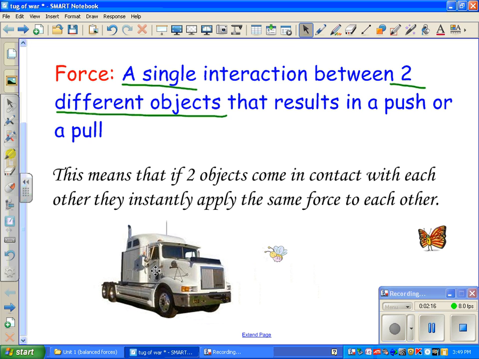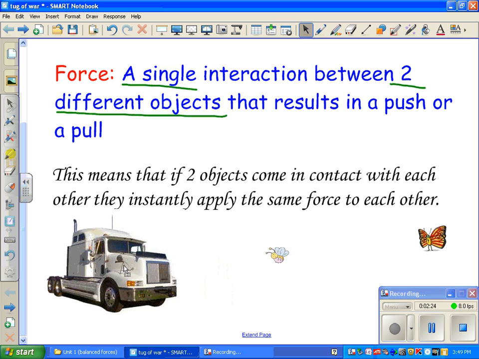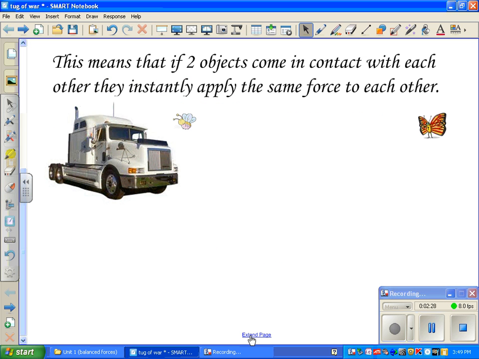What type of force do they experience when the bug goes smack onto there? Well, let's see. Two objects, one interaction. If we're going to write this in physics terms, it would look like this. We have the force on the bug by the semi.